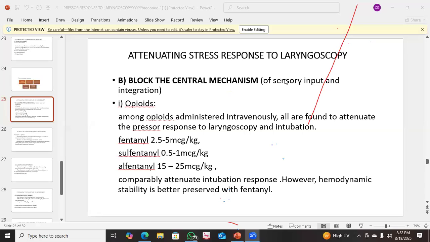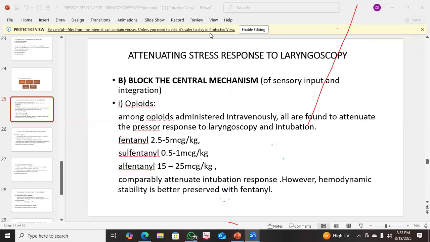We ought to achieve the features that suggest this child may be deep enough to perform laryngoscopy and intubation, such as global hypotonia, centrally placed pupils, as well as shallow breathing. Now, if this child has these features, I think this child is deep enough for laryngoscopy and intubation.